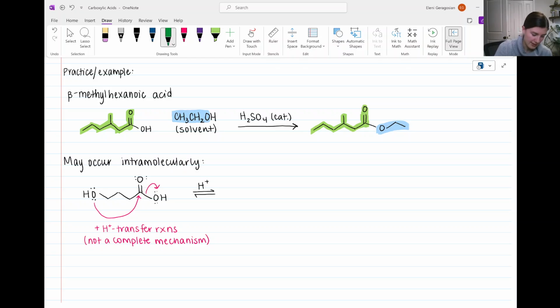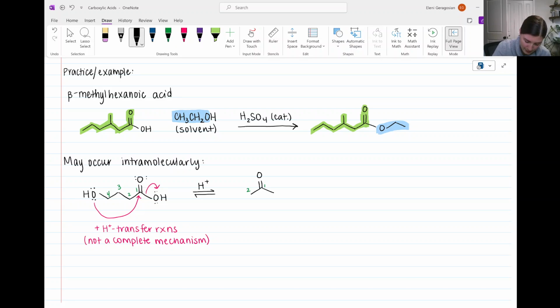before we draw that, let's count our carbons. So the carbonyl carbon will be carbon 1, then 2, 3, and 4. And so in our product, we have our carbonyl carbon, that's carbon 1. Now carbon 2 is here.